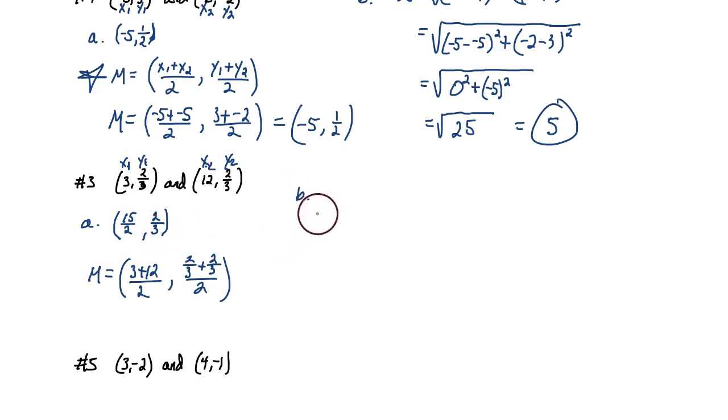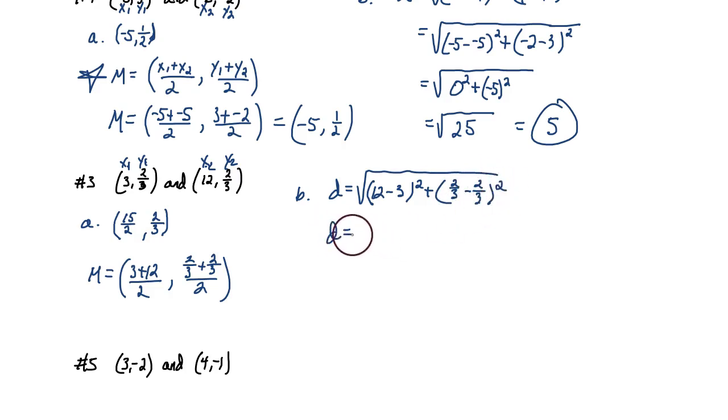Now part B, we want to get the distance from this dot to this dot. We use the distance formula. I've written that formula in the previous question. We need to make our substitutions. So first you take the x2 and subtract the x1. Then you take the y2 and subtract the y1.